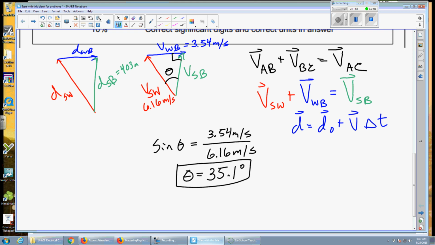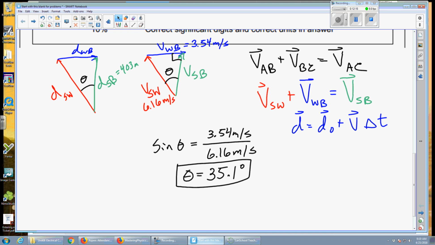Because these are similar triangles, right? So this angle is also theta. So could I figure out the red displacement? Yeah. Could I figure out the blue displacement? No, with the green displacement. Oh, blue, yeah. Also, you can get the red displacement.